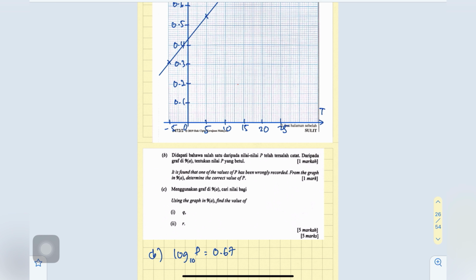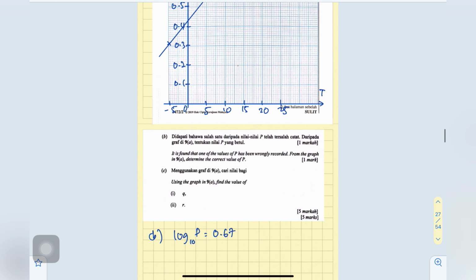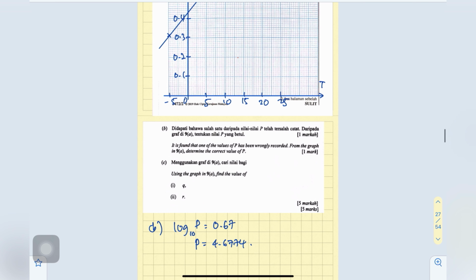Okay, soalan ni dia nak determine value of P. So P kita carilah, which is equals to 4.6774. Okay, so C.